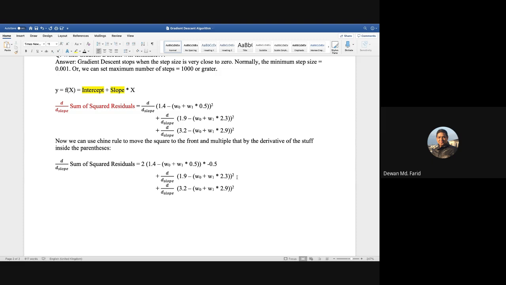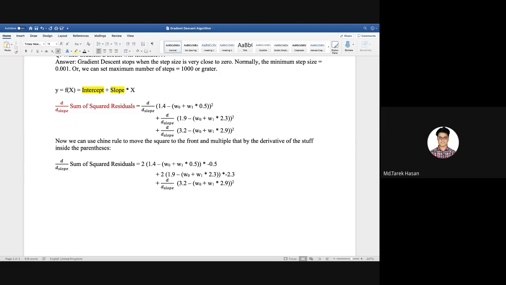So we can write like this: 2 times this one times minus 2.3, right?